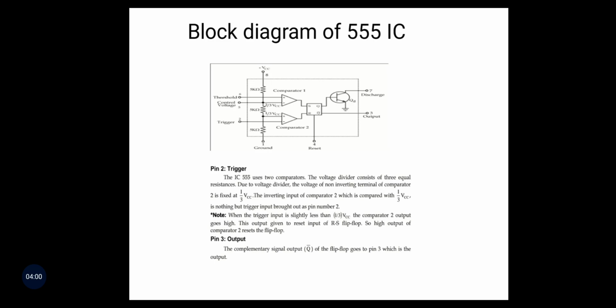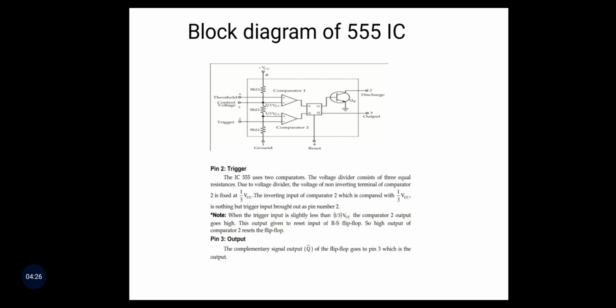The IC 555 uses 2 comparators, comparator 1 and comparator 2. The voltage divider consists of 3 equal resistances, that means 5 kilo ohm, 5 kilo ohm, 5 kilo ohm.